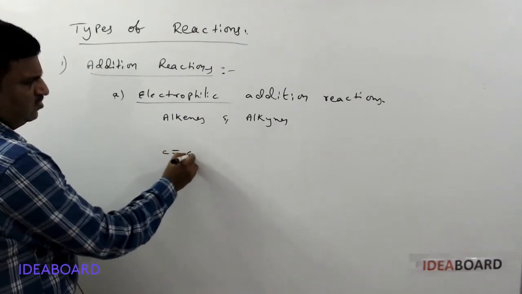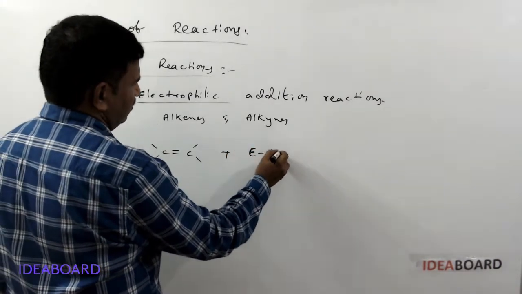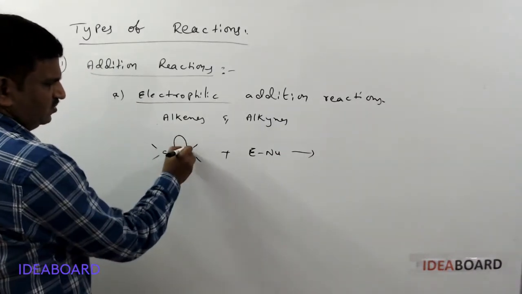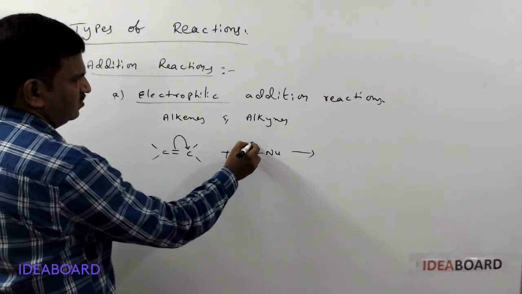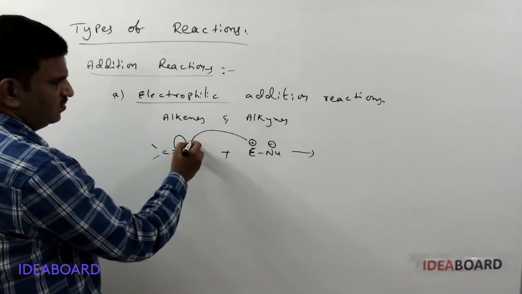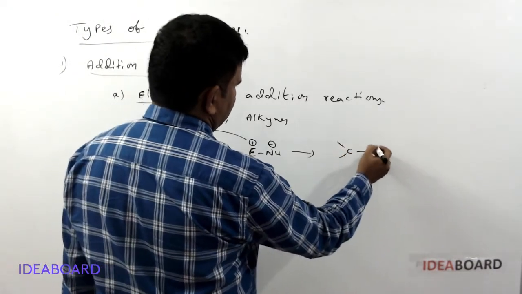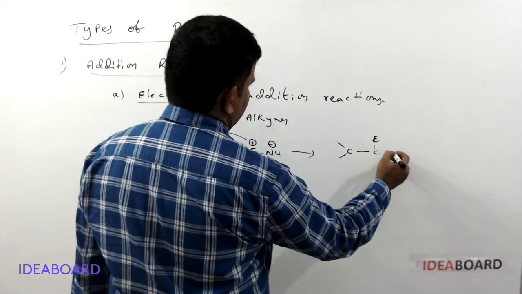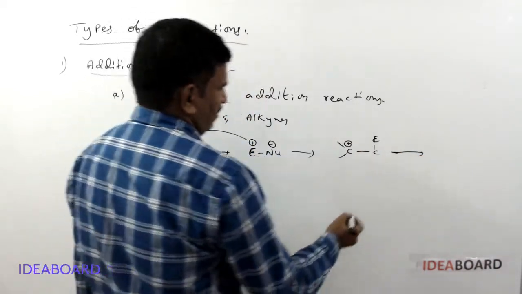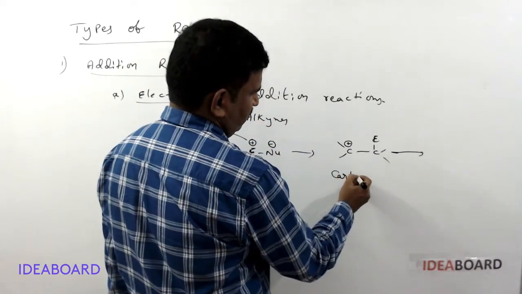In this reaction, suppose there is an electrophile and a nucleophile. This is a reagent. If this pair of electrons shifts onto this carbon, the electrophile has a positive charge and the nucleophile has a negative charge. The electrophile attacks this position, and a positive charge is formed on the remaining carbon, forming a carbocation.